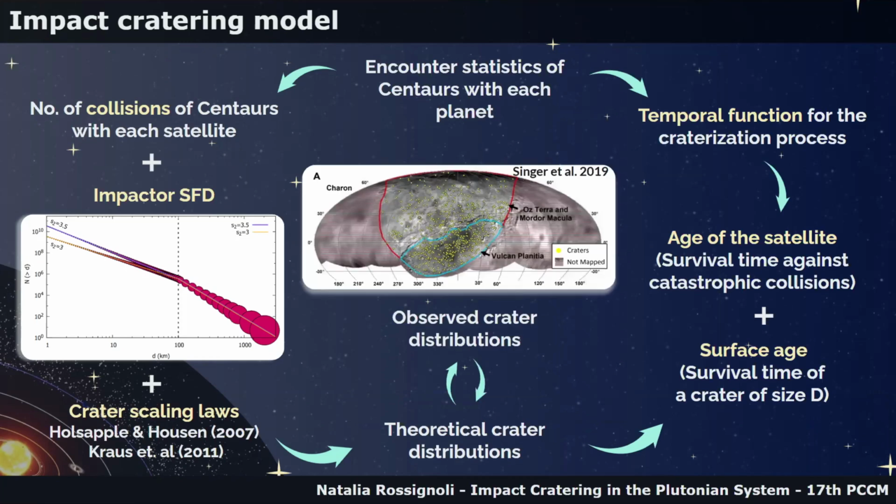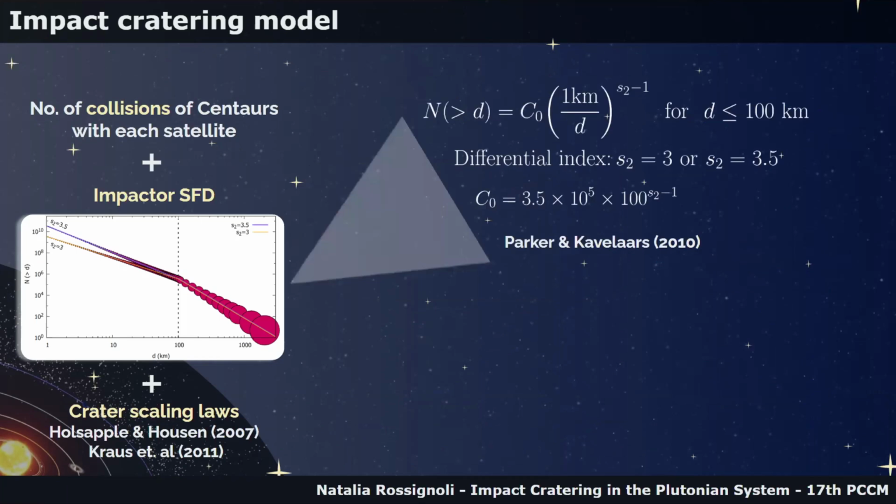As always, I thank all the crater mappers for all the work you do, because it's essential for our work. A brief comment I wanted to make about the impactor size frequency distribution is that, as I mentioned, we have a break at 100 kilometers, but for the smaller objects, due to the uncertainty, we use two slopes, 3 and 3.5.